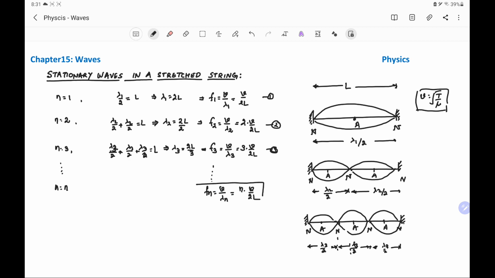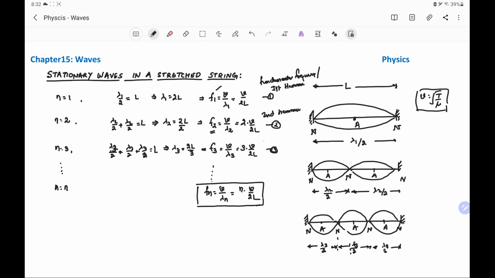So this will be the frequency of the oscillation if the stretched string is oscillating in n number of loops. For n equal to 1, frequency F1 is called the fundamental frequency, or first harmonic. For n equal to 2, we have found F2. This is the frequency when the oscillation is in two loops, and it is called the second harmonic.